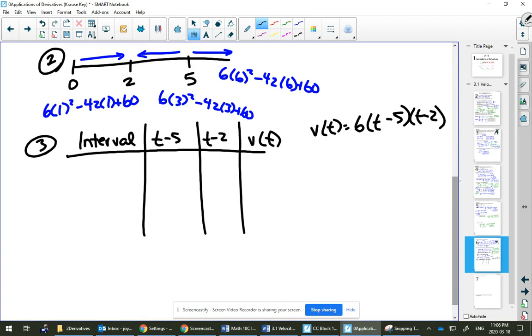Our intervals happen between 0 and 2 because time was greater than or equal to 0, and then between 2 and 5. Notice the round brackets, because we can't include the 2, since at 2 the particle is at rest.